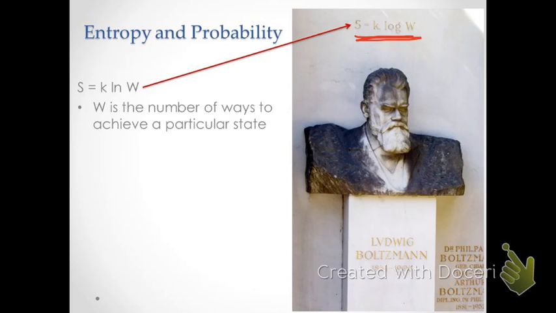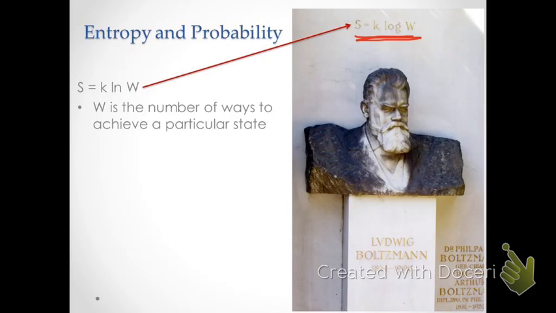The statistical definition we can actually relate somewhat to the qualitative statement that we've always used with regard to entropy, in that it represents the amount of disorder in the system. In this situation, the more ways that we can achieve a particular state, the higher the entropy. Well, if you think about disorder, there are a lot more ways that we can generate a disordered state than an ordered state.